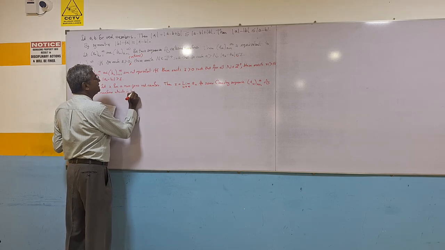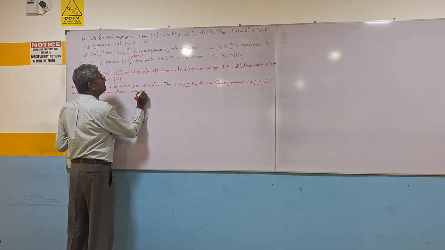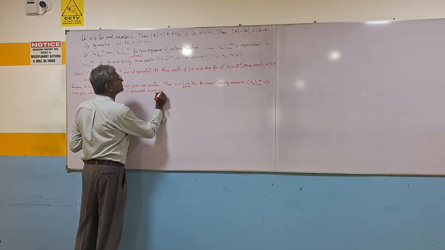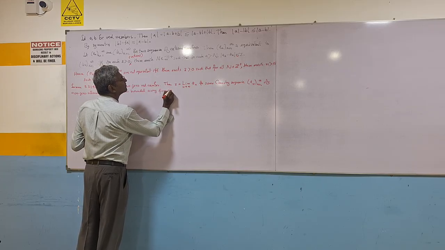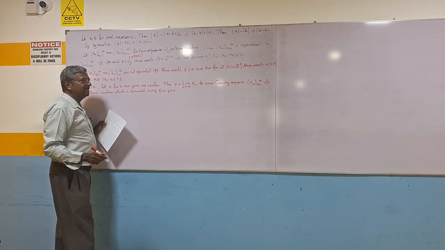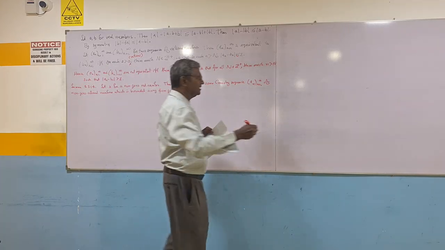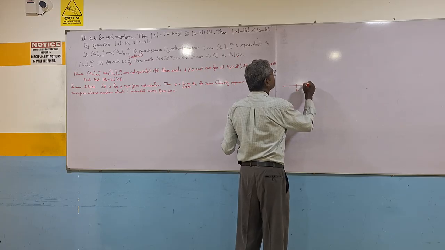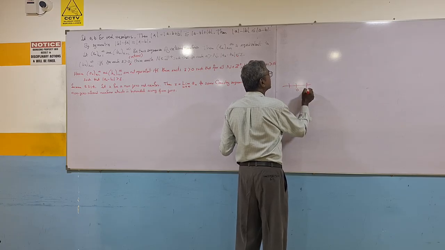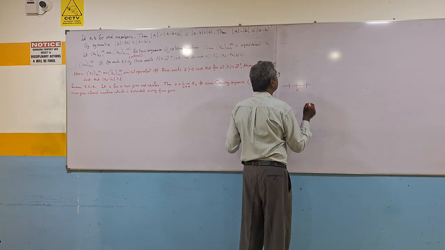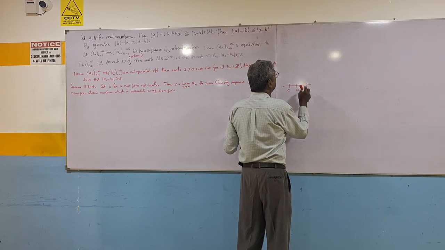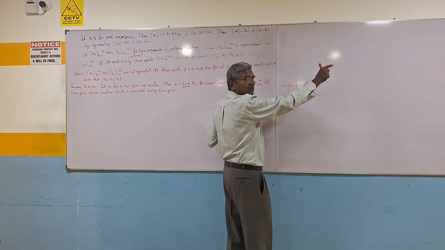Bounded away means that if 0 is here, the terms of the sequence are away from this interval, not close to 0.